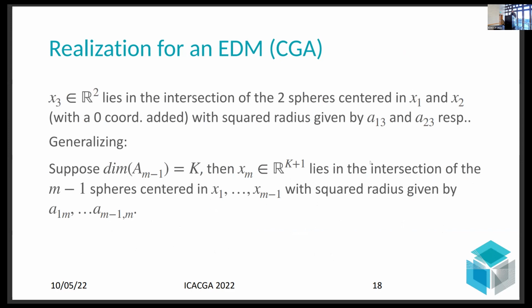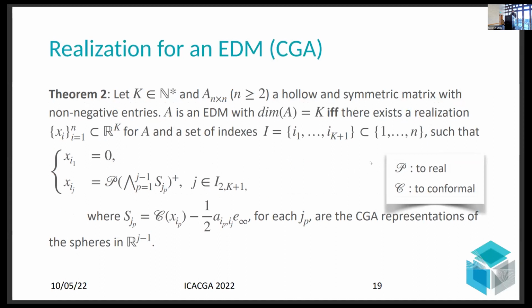At some point, we will have a submatrix A m-1 with embedded dimension k. We do the same, and then xm will be an intersection of m-1 spheres centered in the previous points with squared radius given by the matrix entries. So we can state the theorem using CGA.